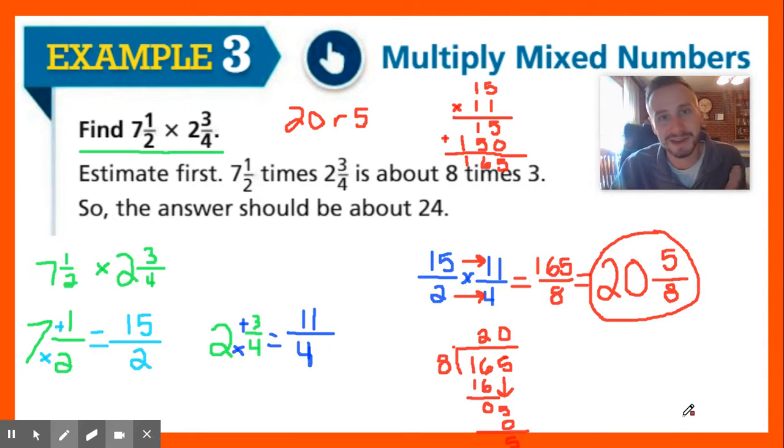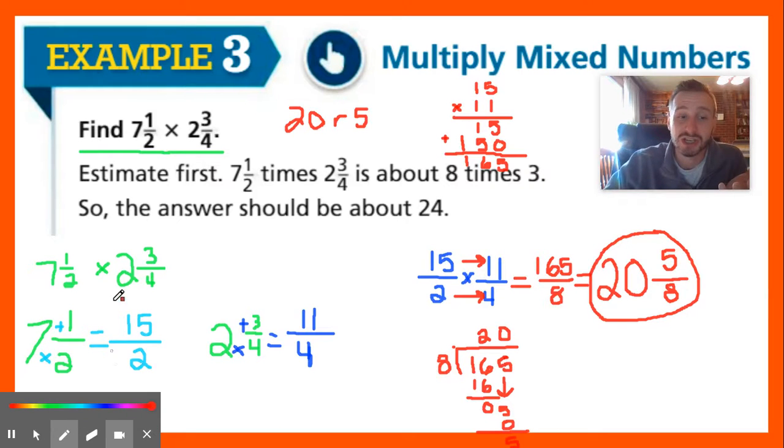Okay? I know that was a lot of steps. I know. But remember, take it one step at a time. The very first thing if you have mixed numbers is that you're going to want to change them to their improper fractions. And the way you do that is you multiply the denominator by the whole number and you add the numerator. And then when you set it up, you would have 15 over 2 because your denominator will stay the same. Once you've changed the improper fractions, you want to line them up like this, just like normal.